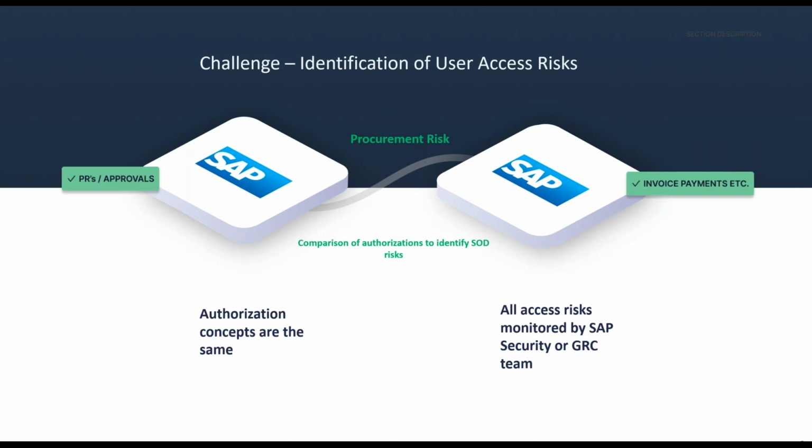So in the typical past challenge, it was just really around identifying the access risk as illustrated here, where, for example, a user had part of the conflict in the SAP system, and the other side of the risk, like the invoice payments, was also within that same SAP ERP system. Of course, we've been able to do this type of user access risk analysis for a long time, and the authorization concept is the same, because it's within one SAP ERP system.